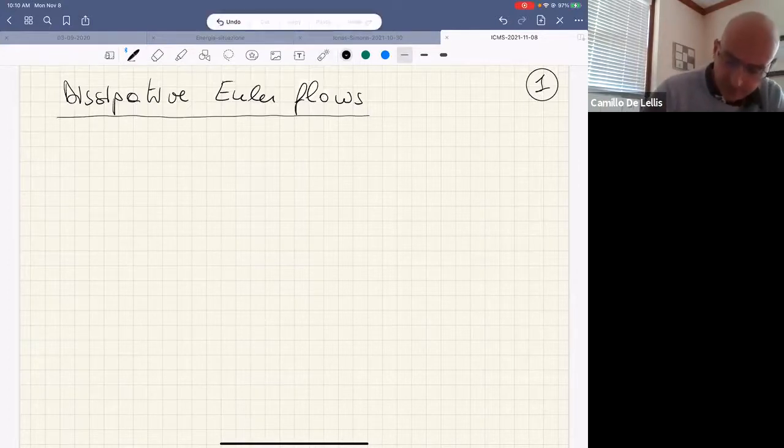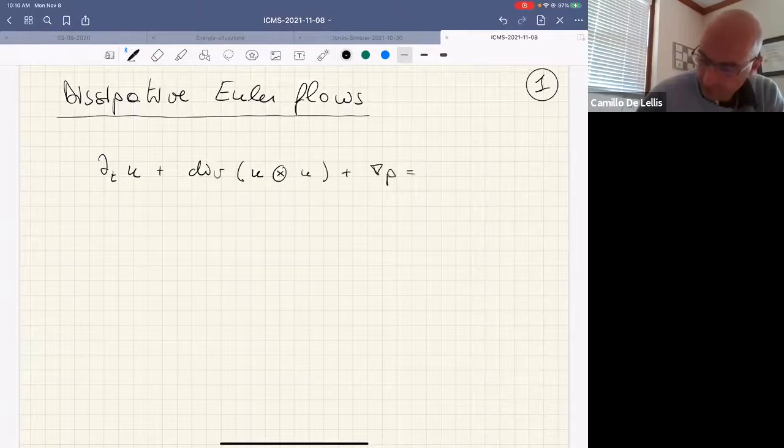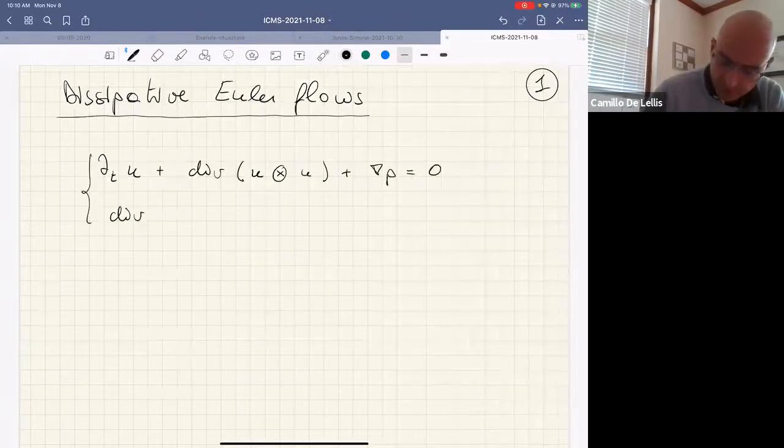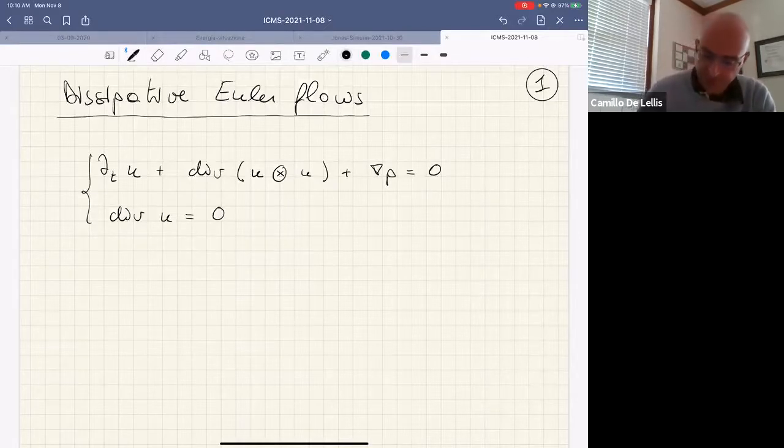The object of study is the Euler equations, which I am going to write over here in the following form. The first one is the momentum equation, and the second one is the conservation of mass equation. So we have a divergence-free vector field u, and it satisfies the first equation, in which the pressure p is a scalar.